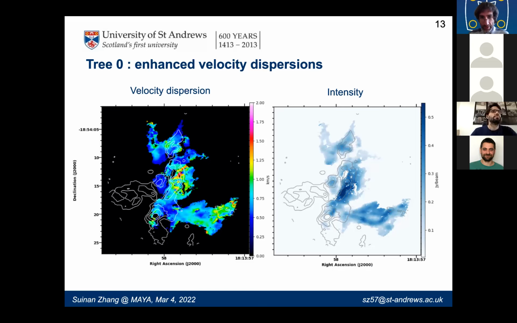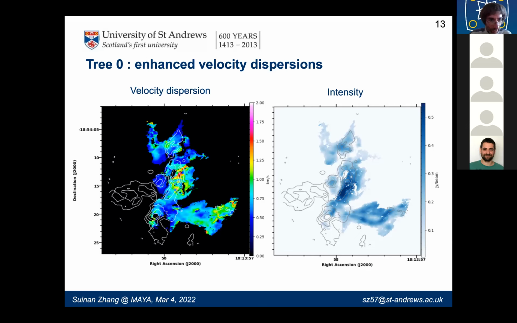You argue that this is really a physical dispersion, not just biased because of multiple velocity components. No, because this is showing a velocity dispersion map of a single tree, so not the bulk of this emission. Okay, good.